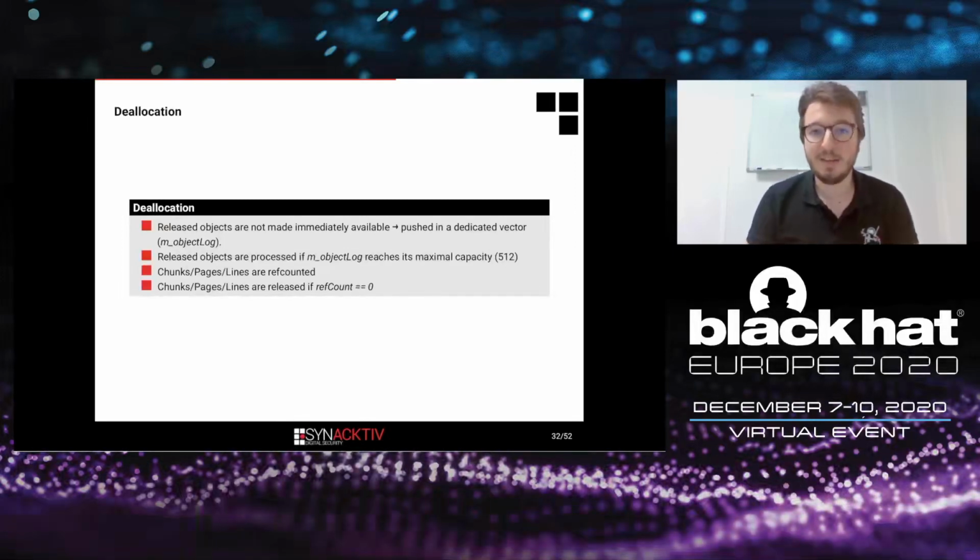This means that they are released only when the ref count is equal to 0. So a very important point is that if we want to reuse our validation message object, it must be on a line where all objects are released. Otherwise, the line won't be reused.